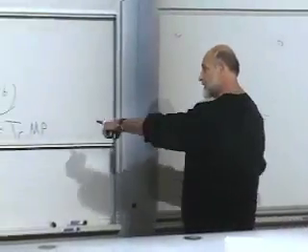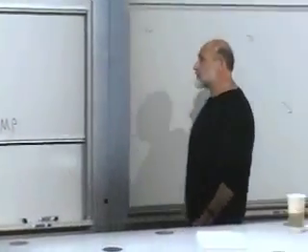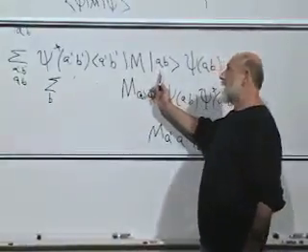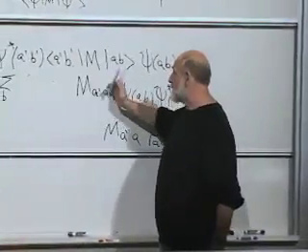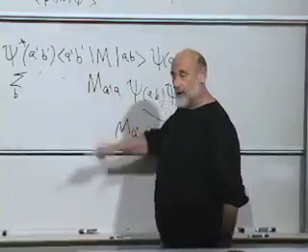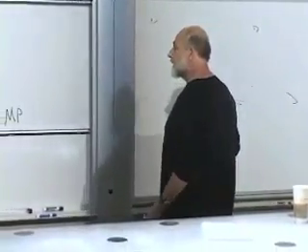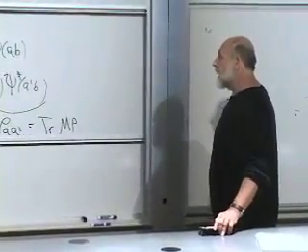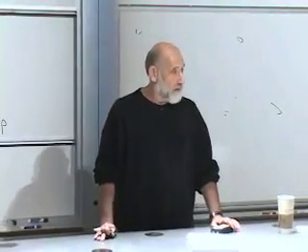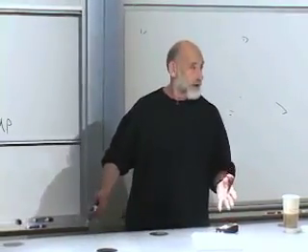I assert that it's the trace of the matrix M. Now remember, M really only depends on A and A prime. B is completely passive. B prime has to equal B, and otherwise it just doesn't depend on B. So M is the identity on B. Acting on B, it does nothing.